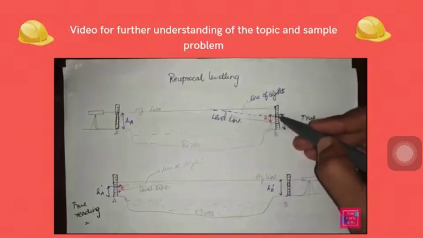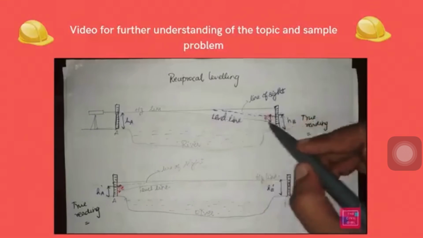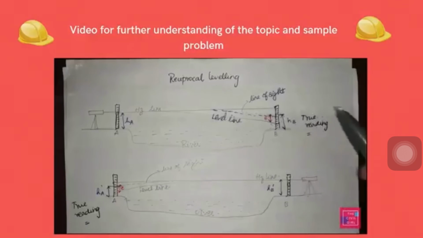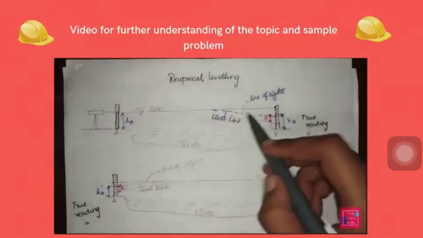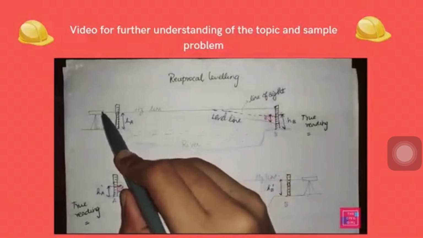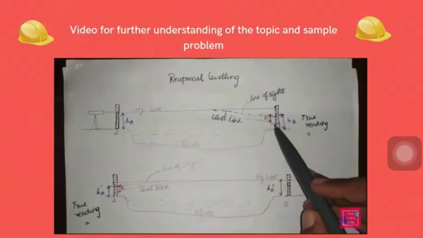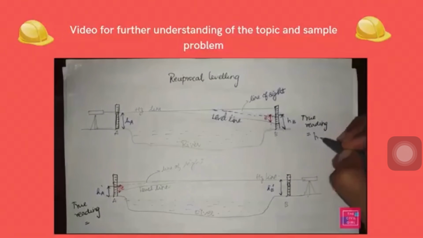Due to the curvature error, our level line will be below it. So in order to find the true reading, I have to subtract these two. HB is the reading which I have got from the line of sight. HB is the value which I see through the telescope. But my level line lies here due to curvature error. So my true reading is going to be HB minus the curvature error, E.